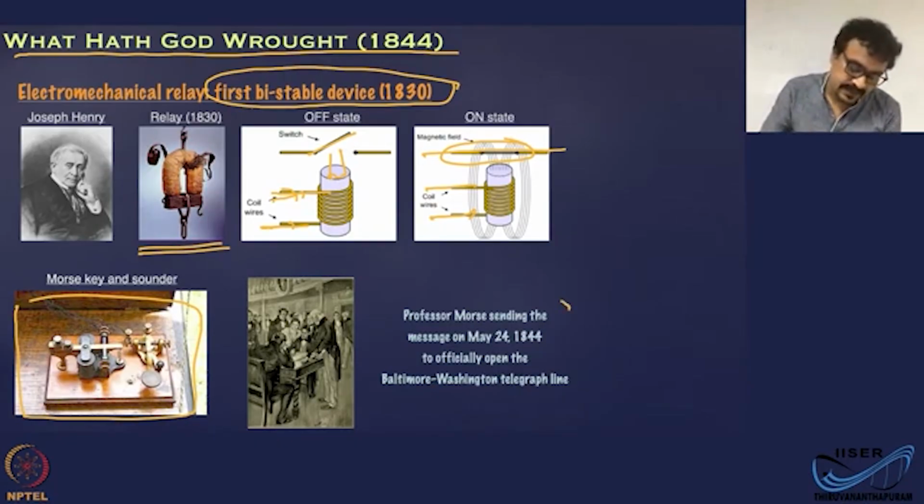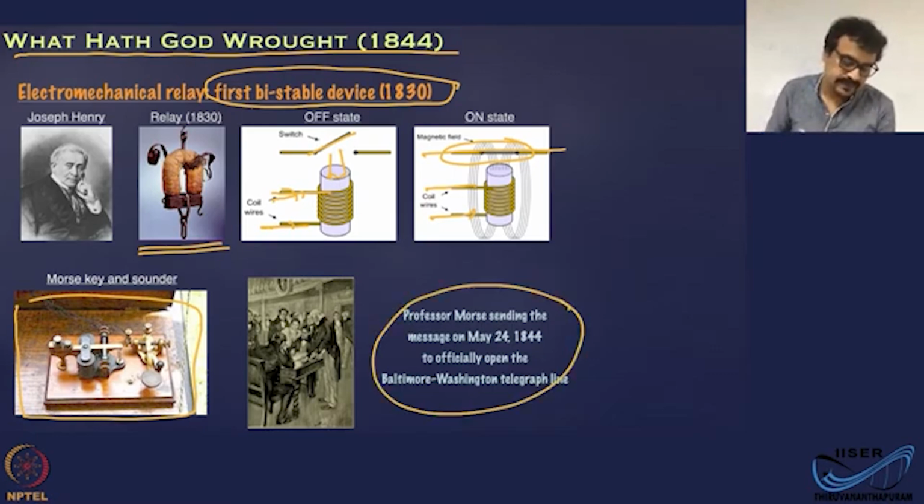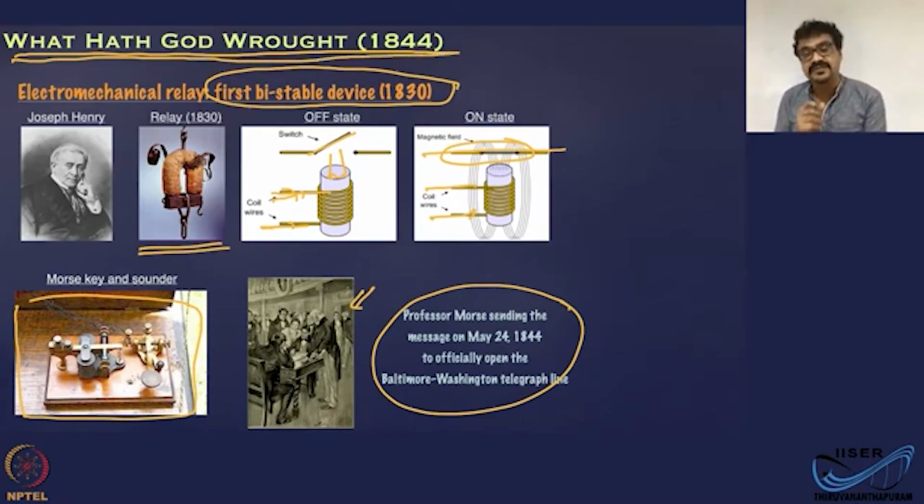And the picture here is Professor Morse sending the first telegraph message, which is "What hath God wrought." It's a sentence from the Holy Book, the Bible. But the meaning is, it's amazing, right? That is the meaning of it.